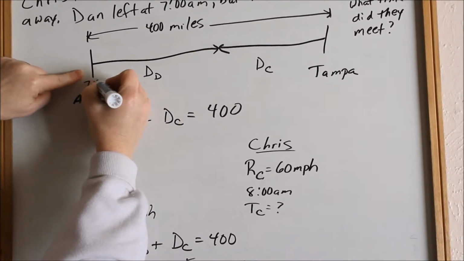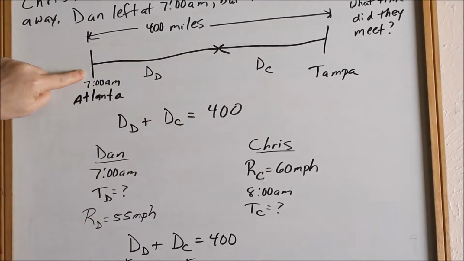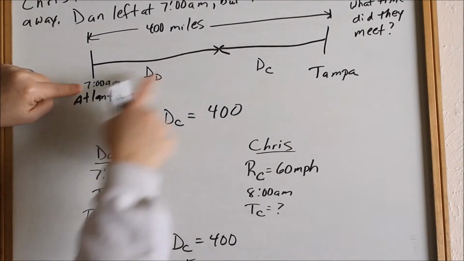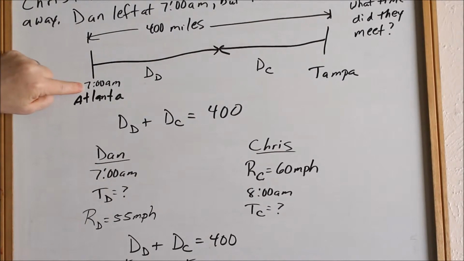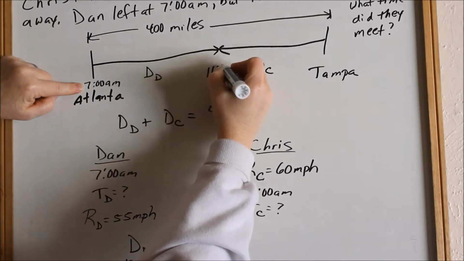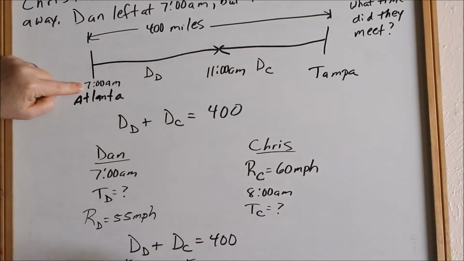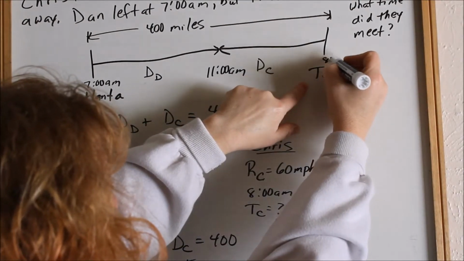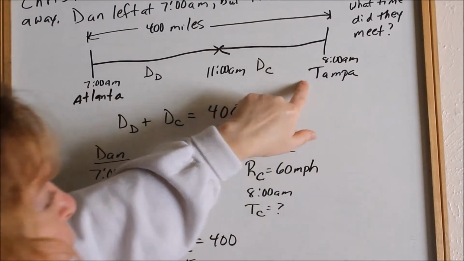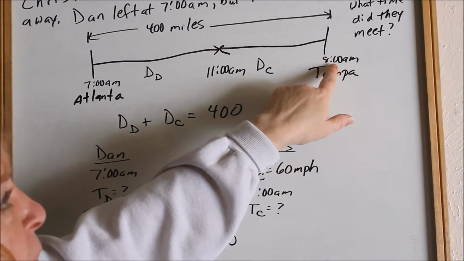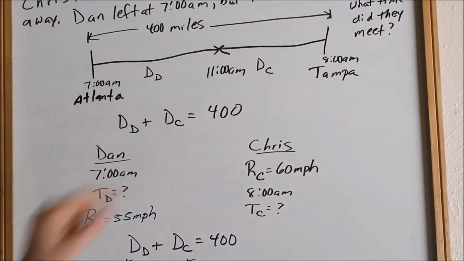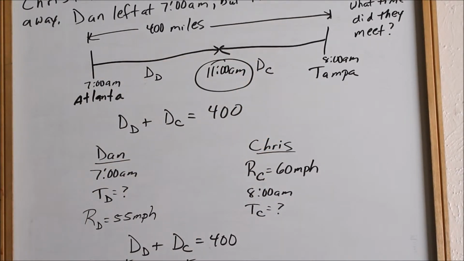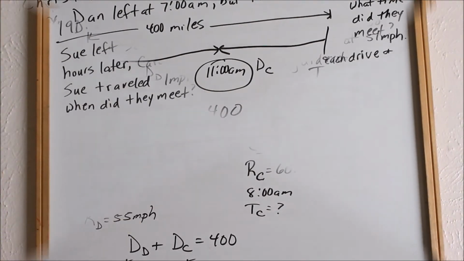If Dan left at 7 a.m. and he traveled for 4 hours, what time is it when they meet? 4 hours from 7 a.m. should be 11 a.m. If I want to go check it with Chris's, if Chris left at 8 a.m., and we said Chris traveled for 3 hours, well, 3 hours from 8 is also 11 a.m. So they met at 11 a.m. That was another one of your answers.